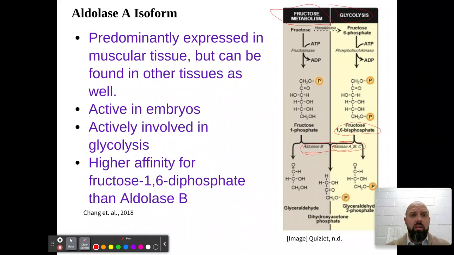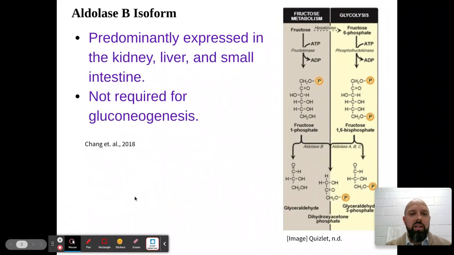Again, key thing, it's expressed in the muscular tissue, also can be found elsewhere, and it's also very involved with embryonic development. Okay. So now moving into aldolase B isoform. Again, I'll point out aldolase B is on both sides of this diagram. It's actually the only one that is involved with both sides.